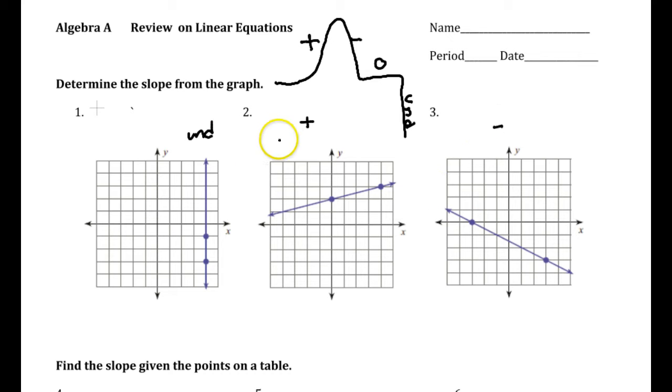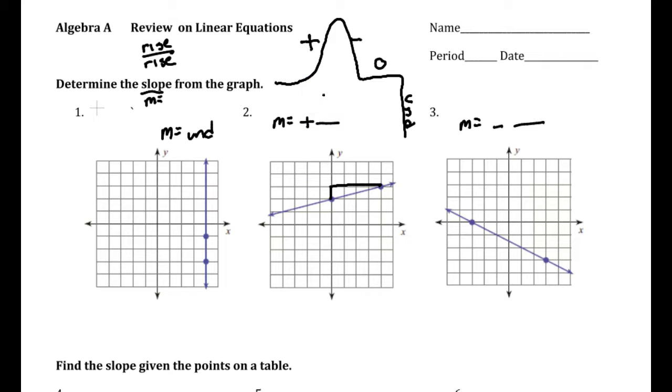Okay. And we usually denote slope by using m equals. So we'll say m equals, and m equals, negative something. Now you guys have to figure out, remember, the slope is the rise over the run. So up how many and right how many.